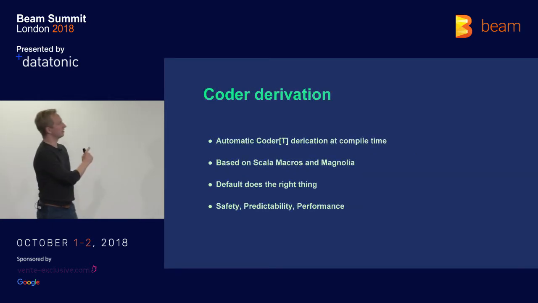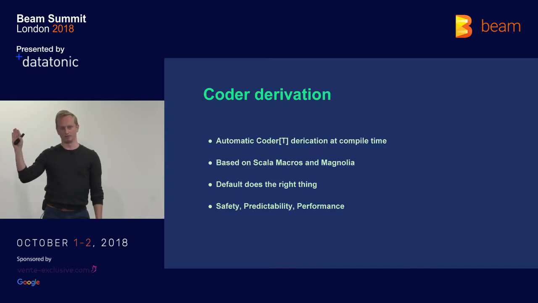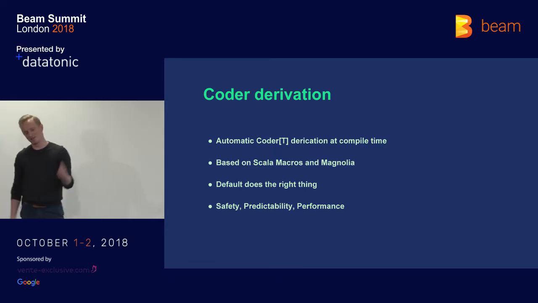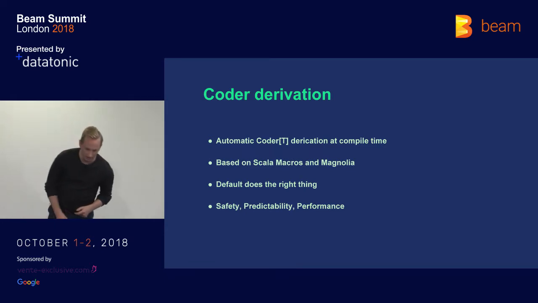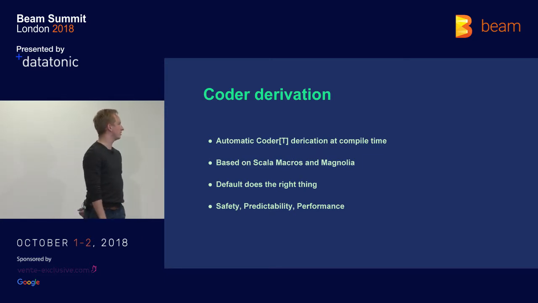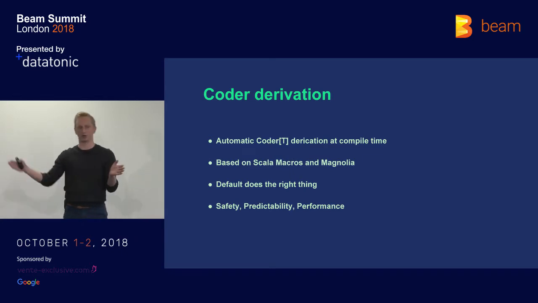And the other big thing, the one that breaks all the things, is coder derivation. So who knows what a coder is in Beam? Yes, most people, because they had problems with them, right? Okay, I'm just kidding. But, oh, there's a typo here. Derivation, obviously. Coders in Beam are used when you want to serialize data to move data between workers, right?